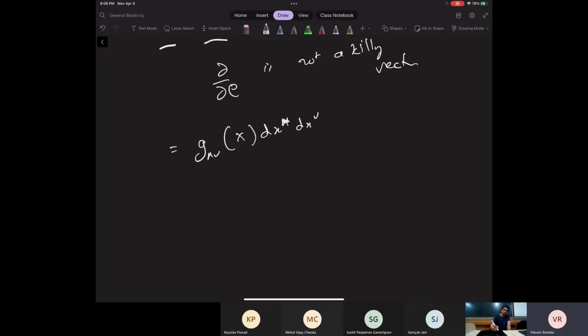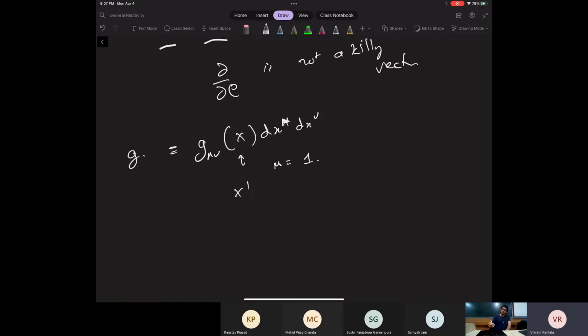Let's imagine that this is your metric, G. Now, one important point is, suppose your metric doesn't depend on some particular coordinate. Let's say mu is equal to 1. So let's suppose that the metric does not depend on x1.